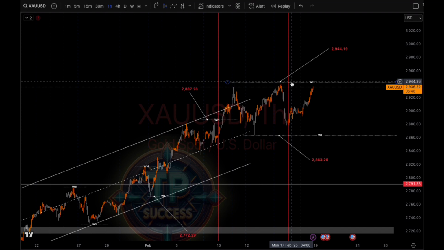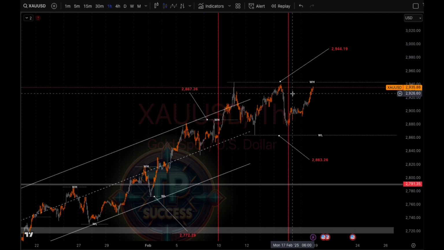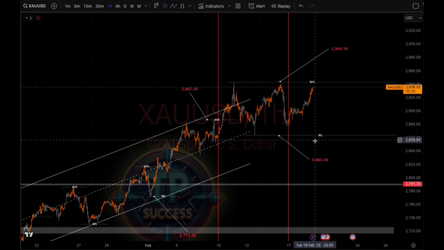So how I normally treat the weekly highs and the weekly lows is really simple. If we get a close above the weekly high or weekly low with a level of force, a level of velocity, a parabolic move that breaks through the weekly high or the weekly low, I'm expecting price to continue in that direction.